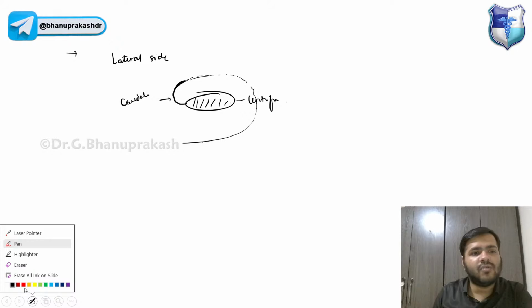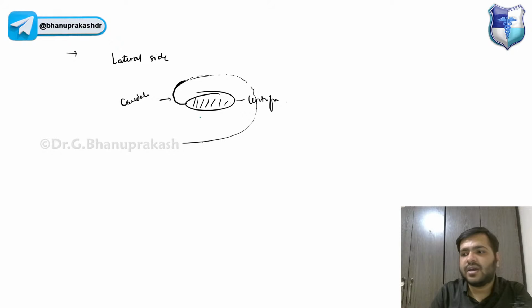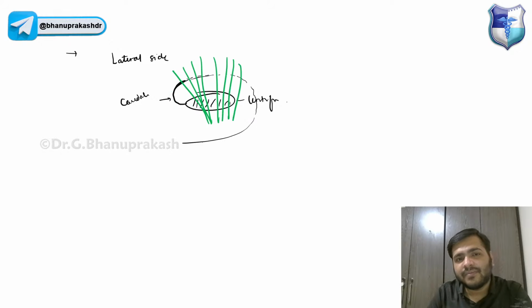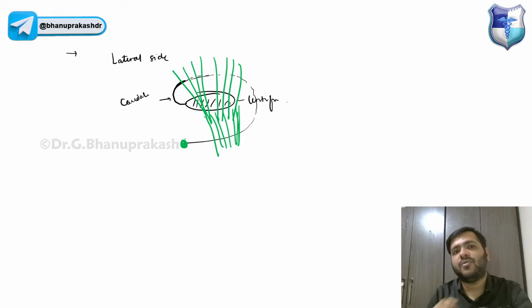In between, you already know we have the corona radiata, which is running lateral to it, and then coming in front of it, medial to the corona radiata. And then we have this amygdaloid body. It is somewhat like that when you see it laterally.